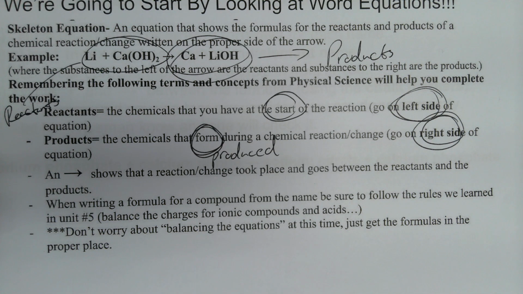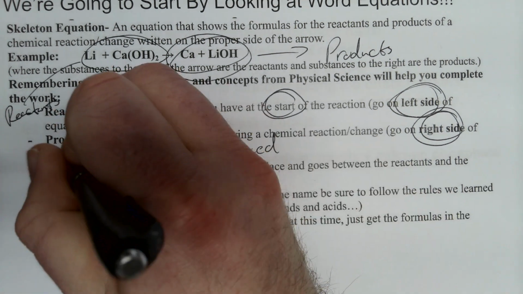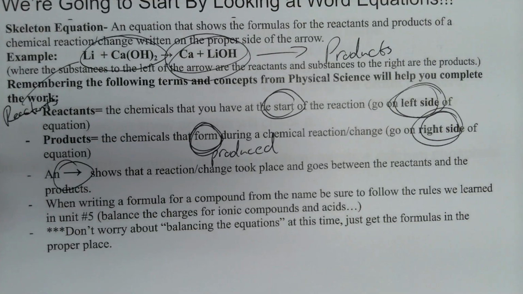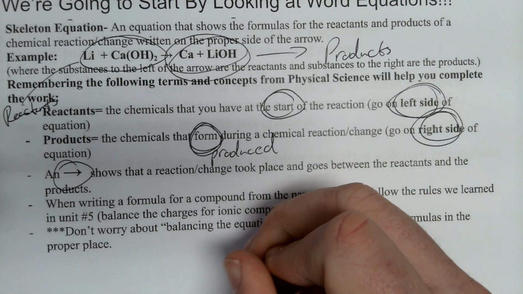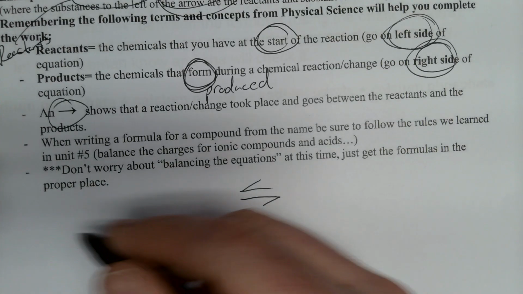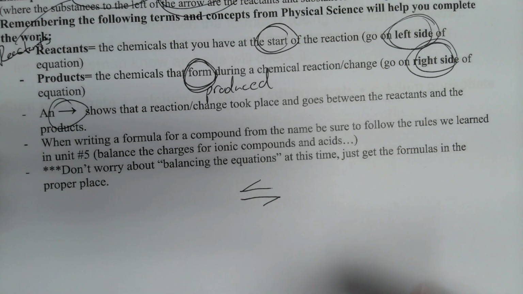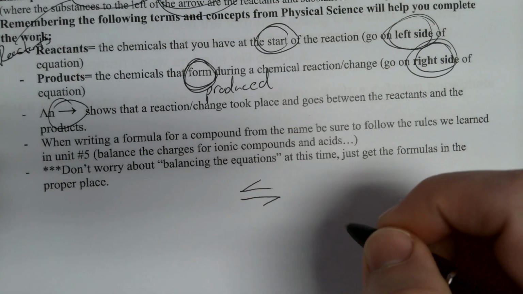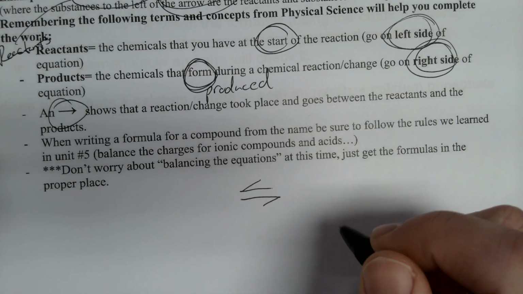In general chemistry in high school, we're mostly going to focus on one-way equations. If you elect to take chemistry in college, you may see some arrows that look more like this, meaning that the reaction can go both ways until it reaches a status that we know as equilibrium.